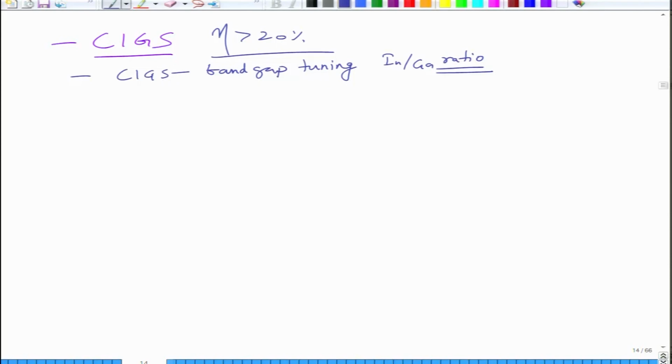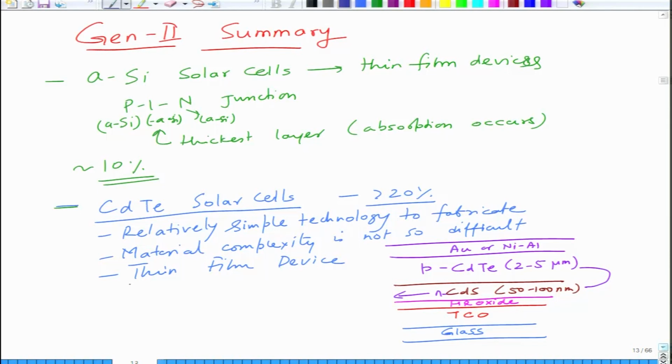You do not go to very high band gaps, but you stay around 1.1 or so, and that gives you the optimum performance. One more thing I wanted to mention in CdTe is the important cadmium chloride treatment. This cadmium chloride treatment is very vital to improve the performance of the CdTe solar cell.